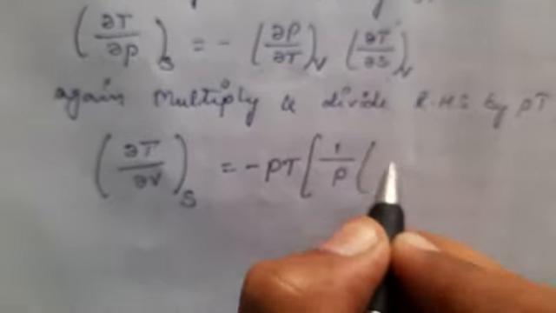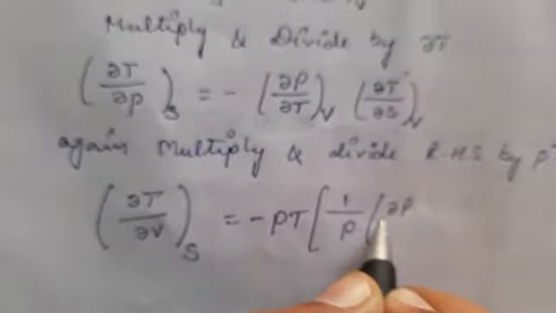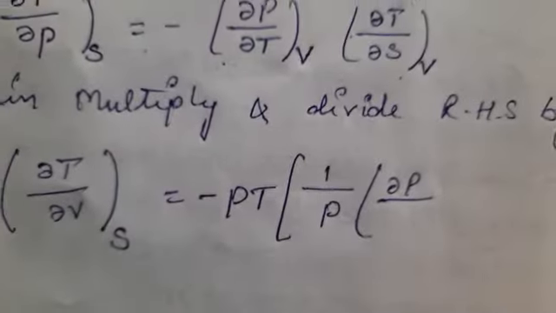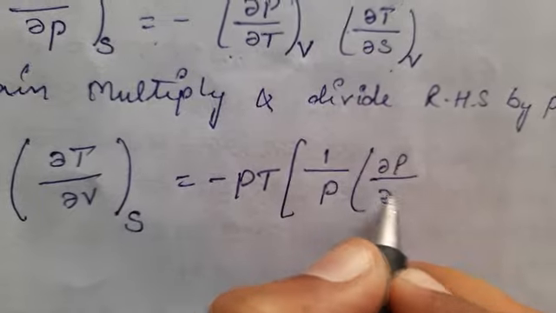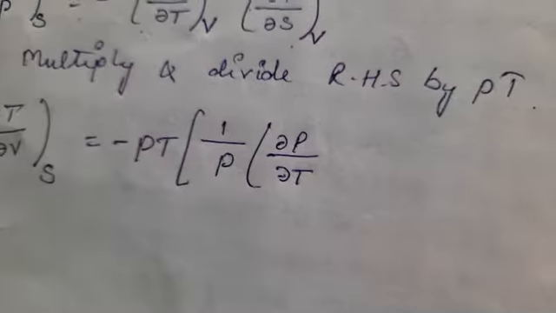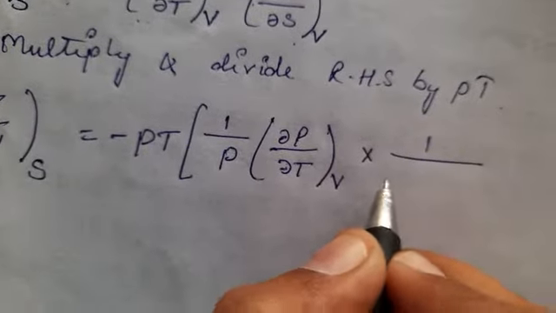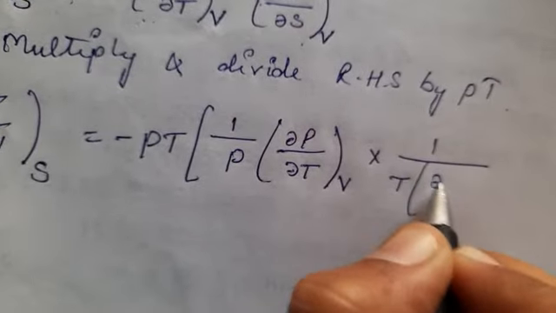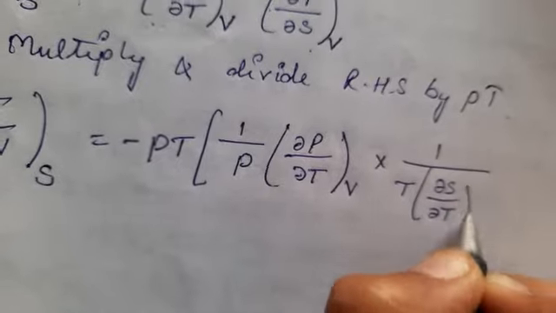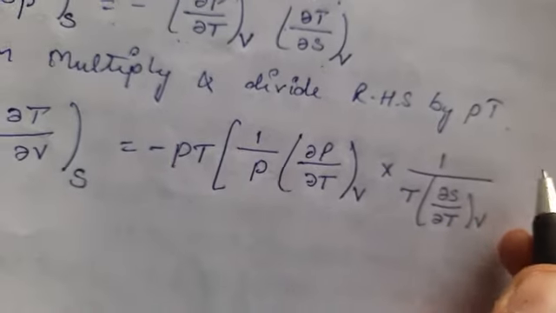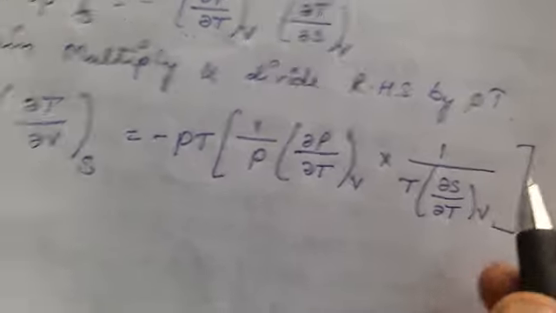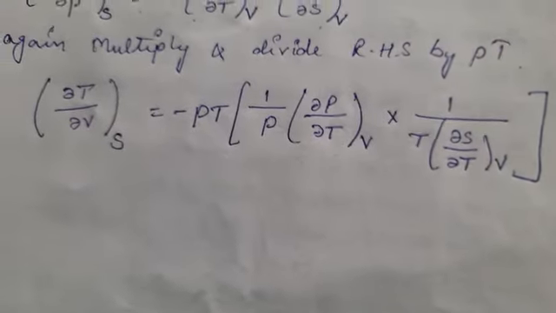Instead of this I'm writing ∂P/∂T at constant volume, times 1 over ∂S/∂T having constant volume, and also rearranging this, right?